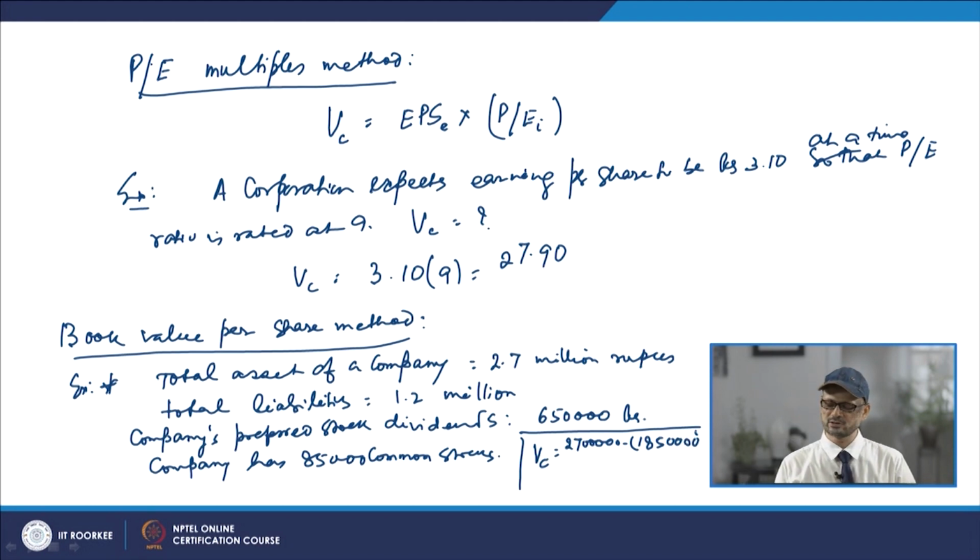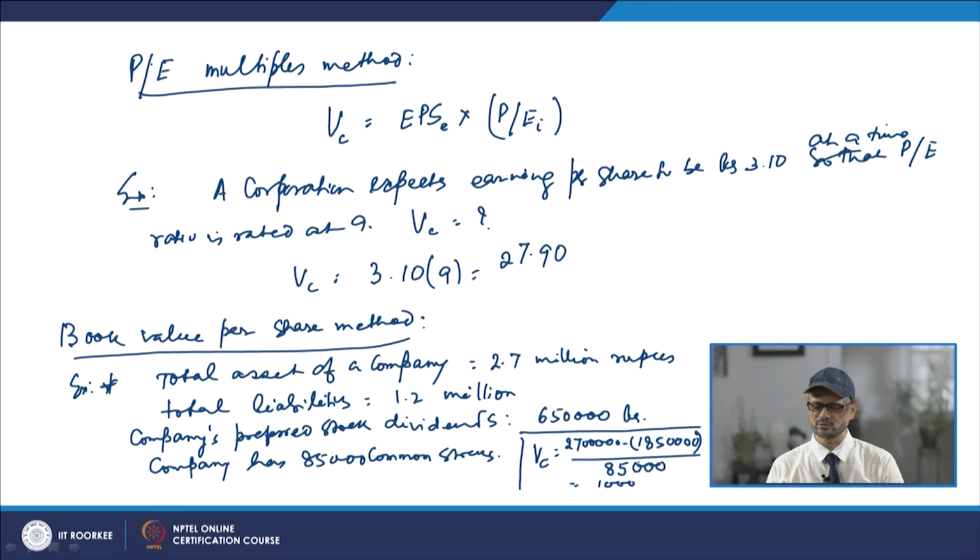That will be subtracted, and then for every share's price, you have to divide by the number of shares, that is 85,000.